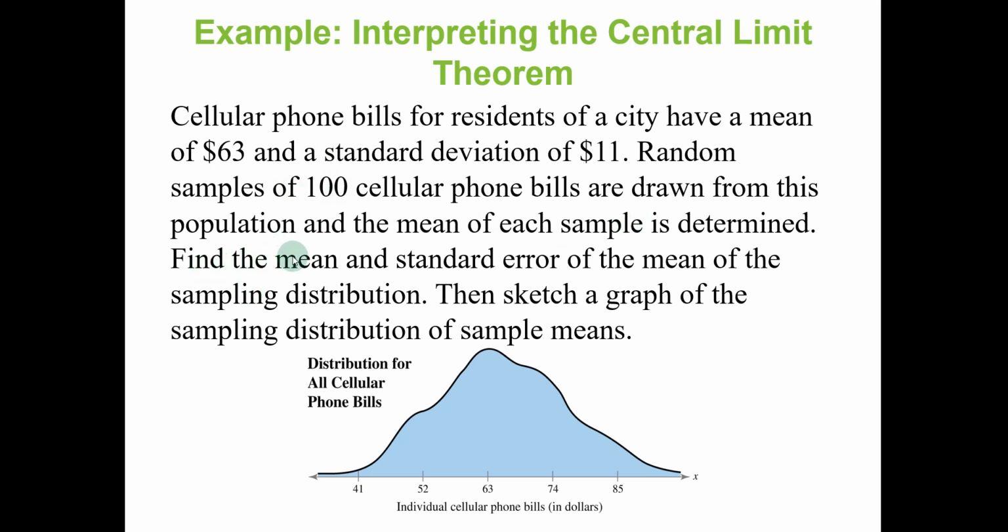It says find the mean and standard error. We've just said the mean of this new distribution will be identical to the initial mean. And for the standard error, you simply take the standard deviation and you divide it by the square root of your n. And that's it.